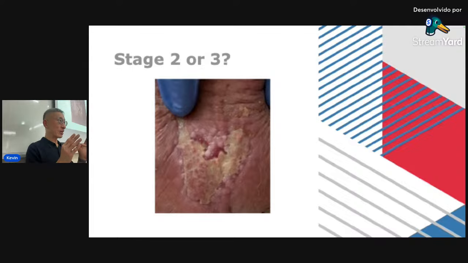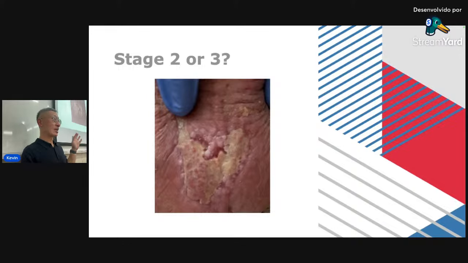It's a very interesting direction of conversation when we think about what we're removing on the wound bed. If you look at this picture, the question is, do you think this is a stage 2 versus a stage 3 wound? Let's say this is a pressure injury.